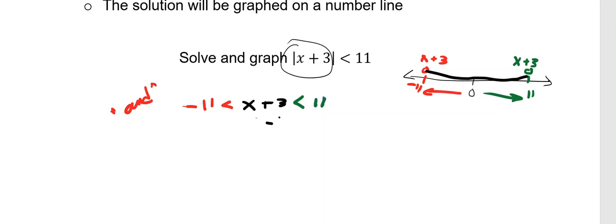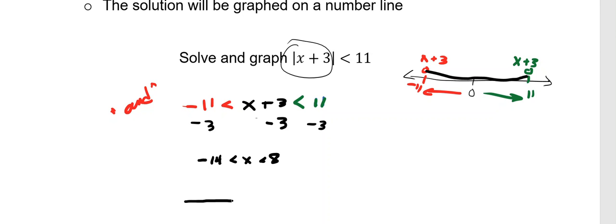To solve for x, we'll subtract 3 in the middle, 3 on the left, 3 on the right, and continue with our math. Negative 11 minus 3 is negative 14, is less than x, is less than 11 minus 3 on the right side, which is 8. That will be our final solution.